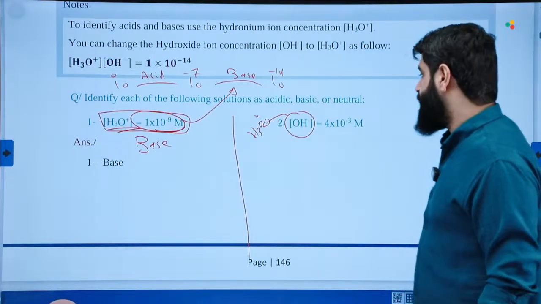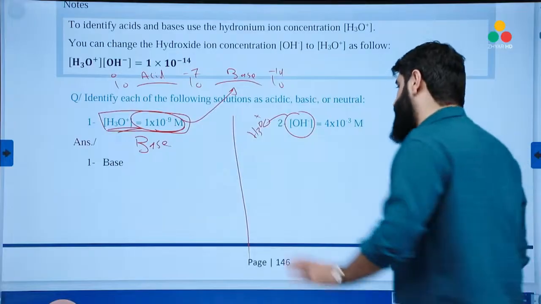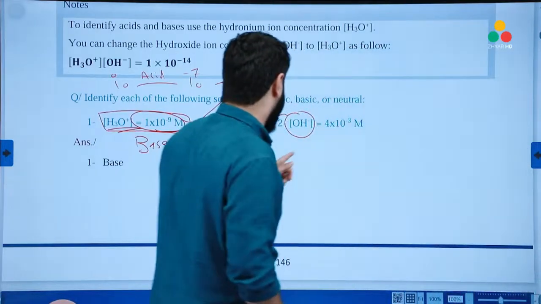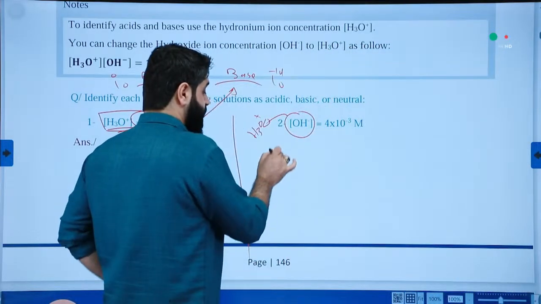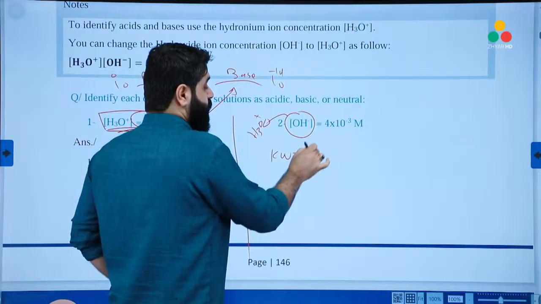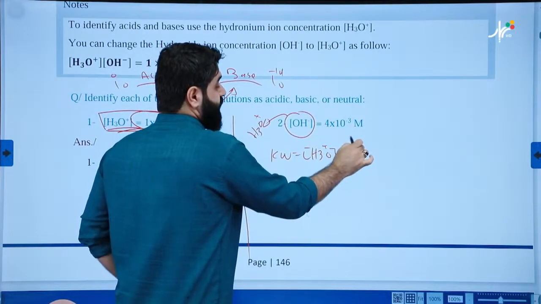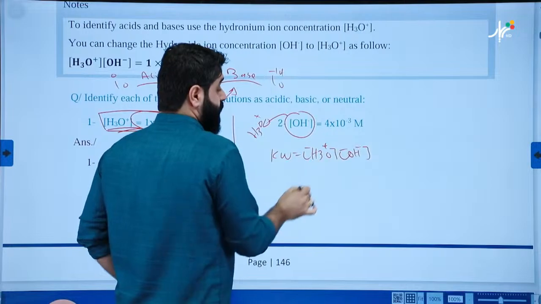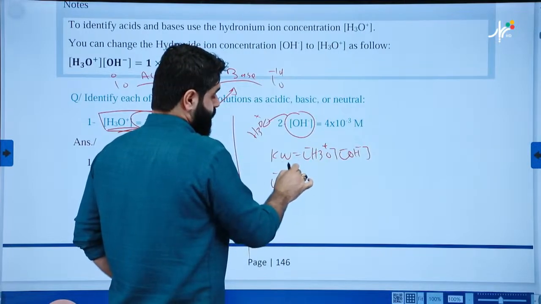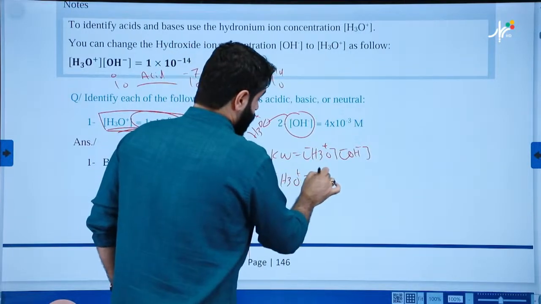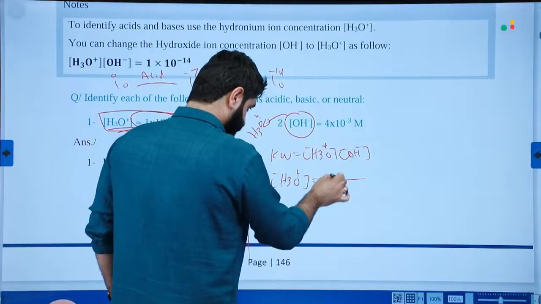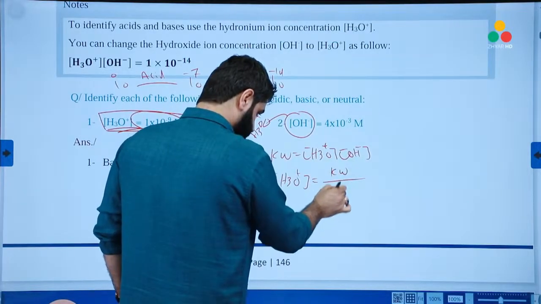Then you can decide based on the power. But now we have OH. So how to turn OH into H3O? Use the Kw value. Kw equals H3O times OH, so H3O equals Kw over OH.